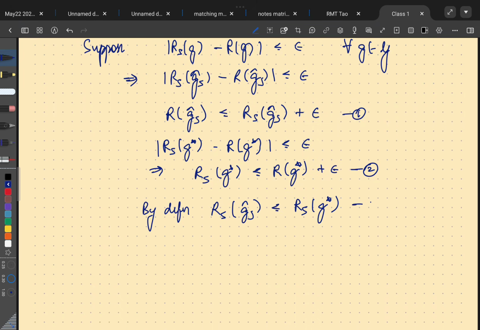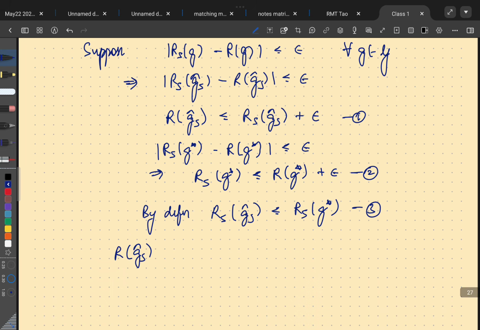So now if I combine 1, 2 and 3, I have R of G S hat less than or equal to R S of G S hat plus epsilon, but R S of G S hat is less than or equal to R S of G star. So this is less than or equal to R S of G star plus epsilon, but R S of G star is less than or equal to R of G star plus epsilon.